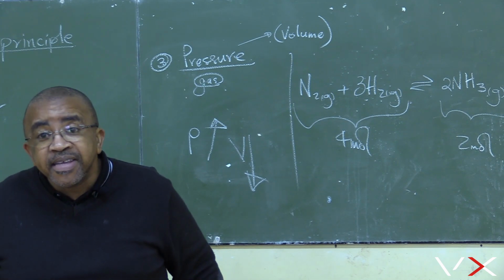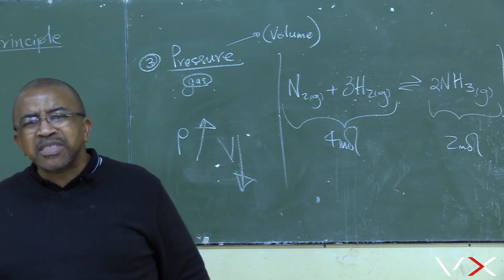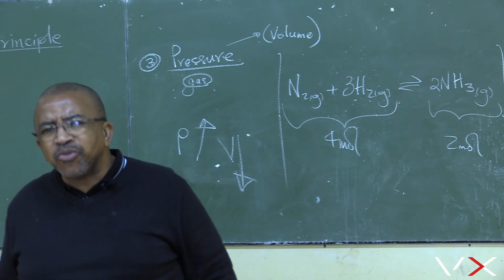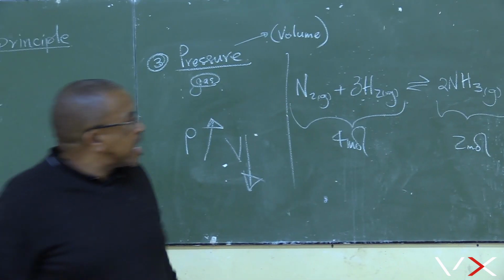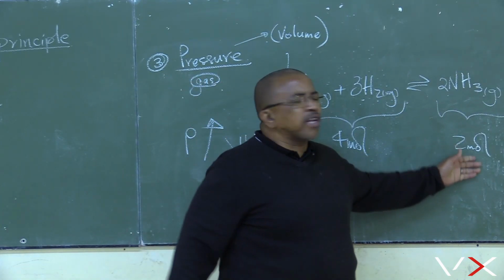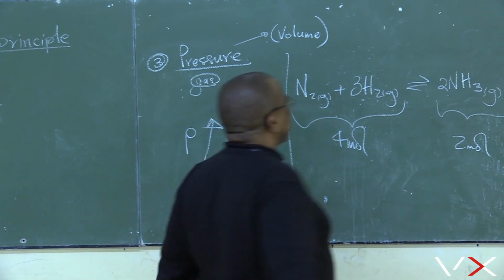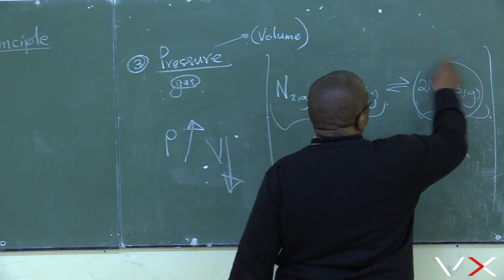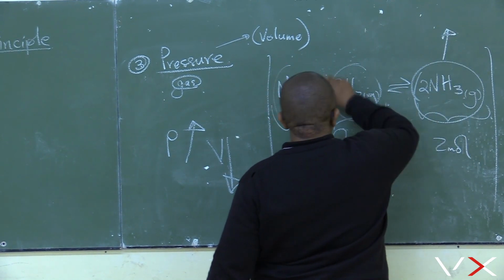Mawumpintsha i-system ithi hey yampintsha lo ngizozama ukuthi siyakhe kakhulu lapha ama-moles emancane khona ukuze singaphintsheki. Ngamanye amazwi, the system will shift to the direction where less number of moles are formed. As it shifts to that direction, which means the concentration of ammonia will increase whilst this will decrease.